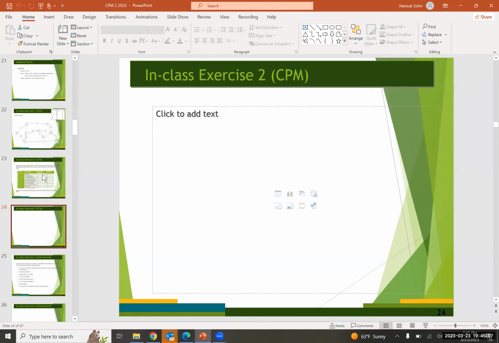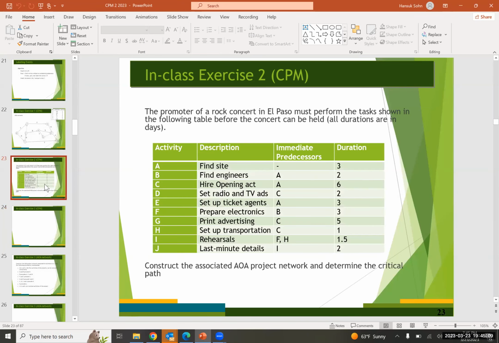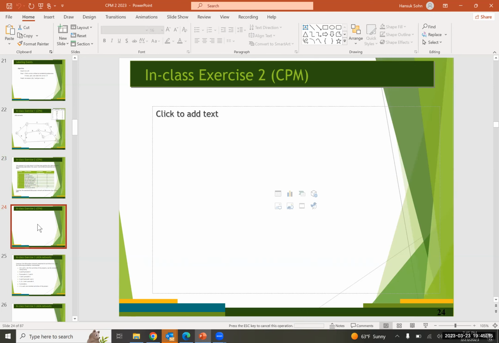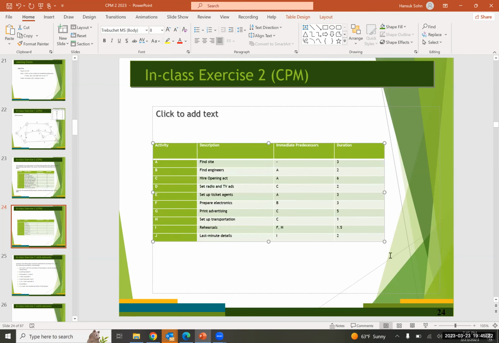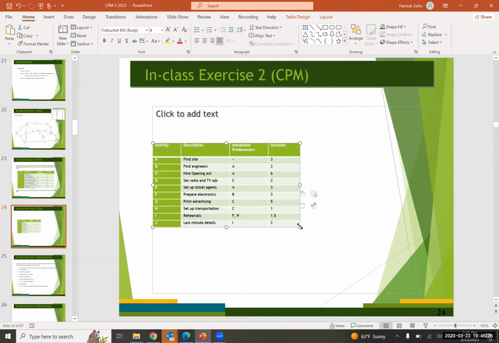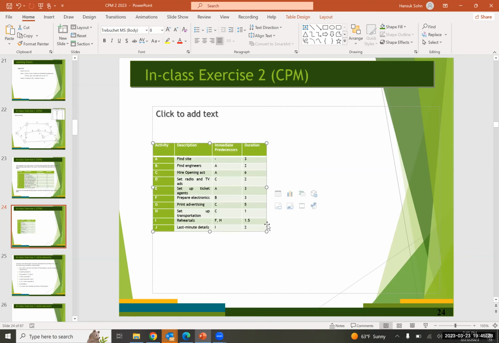Let me copy this table and put them in here.